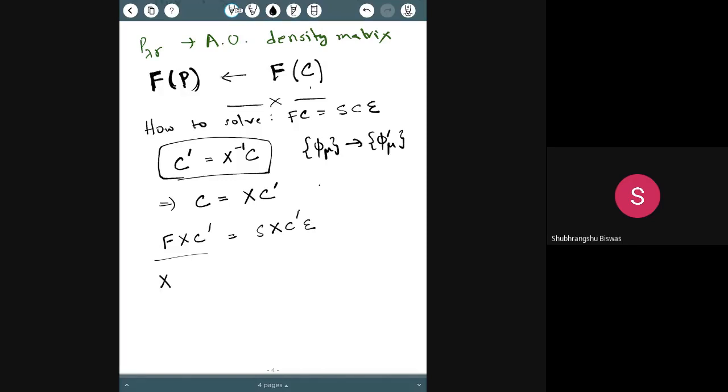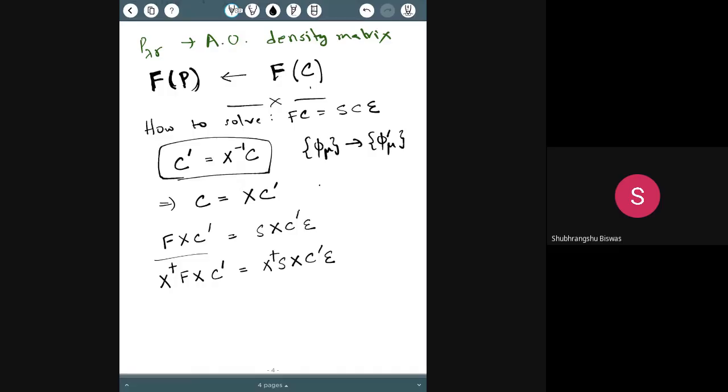Okay, let's do one more step. What is done is you multiply with X dagger. Now can you choose an X that will remove the S from the right? Yes, this is basically the eigenvectors of S that will transform it, the unitary matrices for the right side. Yes, very close. So there are two options.